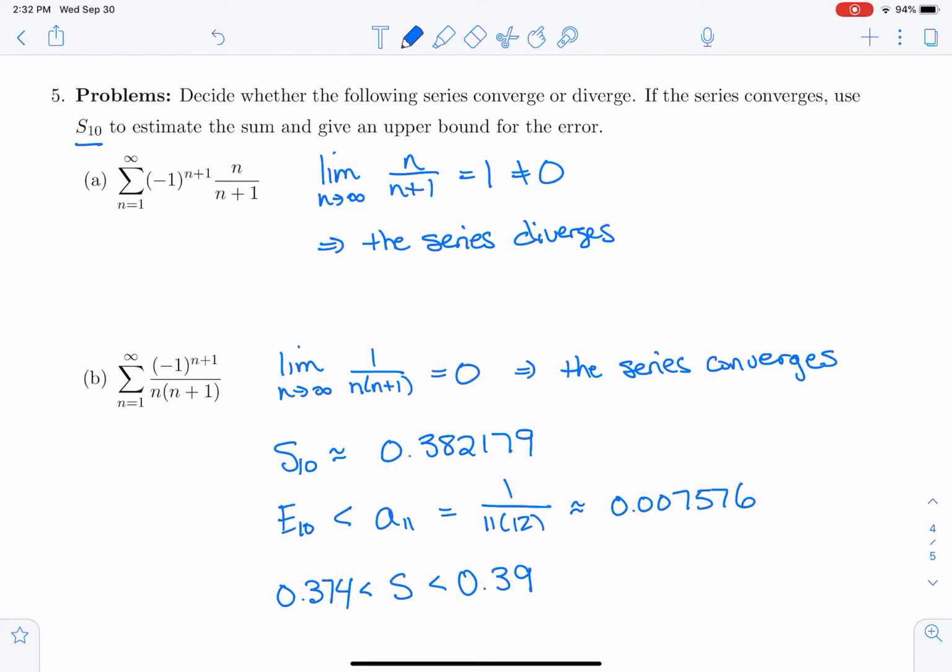So that gives us a range of values for our infinite sum. And so we have it at least to one decimal place with just 10 terms.